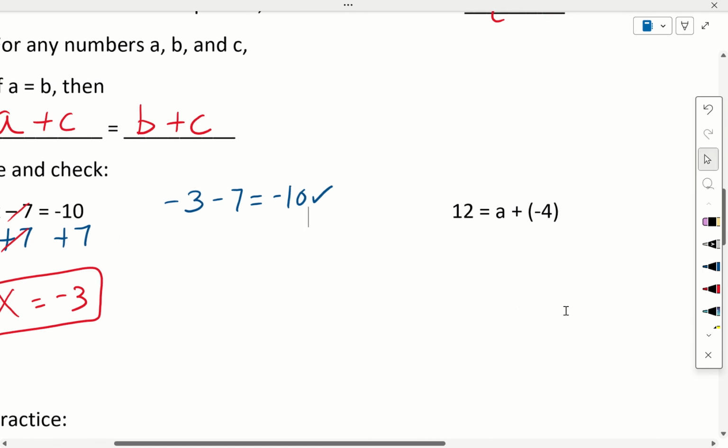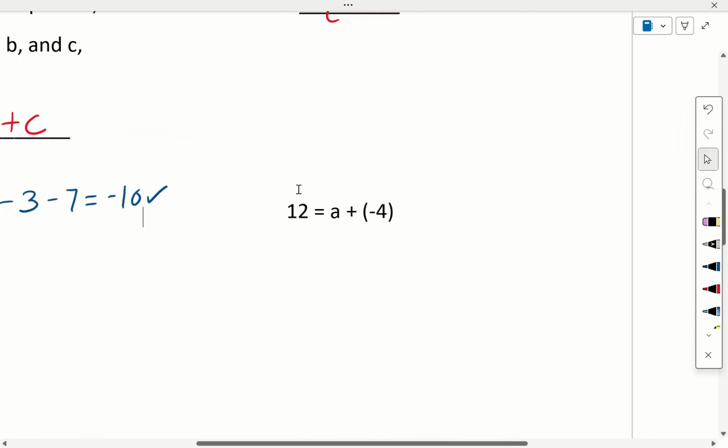Very good. Let's take a look at this problem. 12 equals a plus negative 4. Again, we want the a by itself. What's on the same side of that equation as the a? We're adding negative 4. How do you turn a negative 4 into a 0? You have to add 4. Negative 4 plus 4 is 0. Those are eliminated.